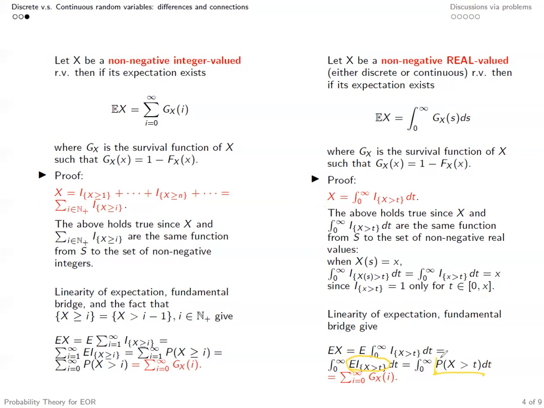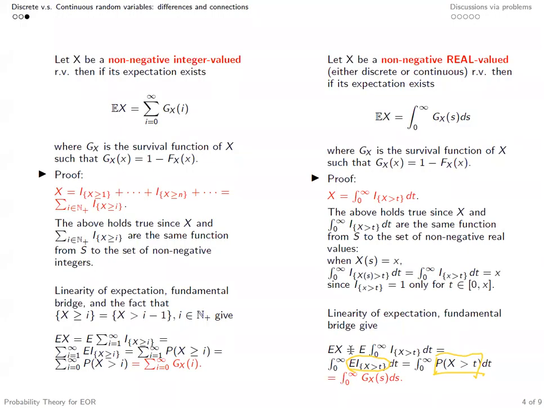This is the survival function. So in the end, we are able to show that the expectation of X, a non-negative real-valued random variable, can also be calculated via the survival function, which is simply the integration of this survival function from 0 to infinity.